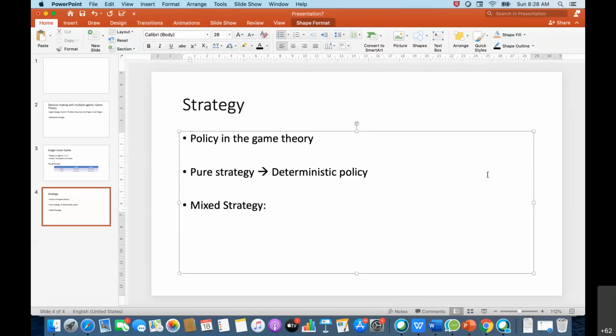So it is a randomized policy to select action with respect to probability. This is what is called a mixed strategy.